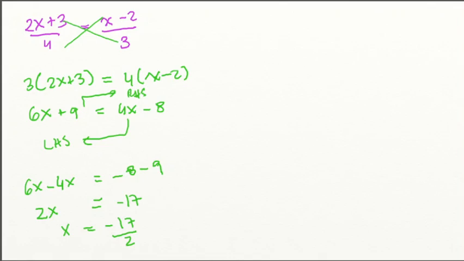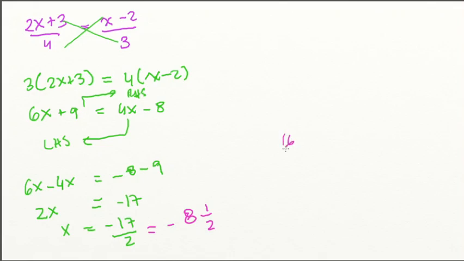That's the actual answer. And again, we can work out that this number would be negative 8.5. Now this 8 here, you could just take a look at this. 17 divided by 2. How many packets of 2 can you fit in there? 8, right?